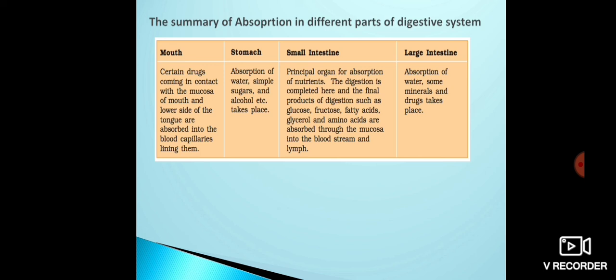That's why it absorbs glucose, fructose, fatty acid, glycerol, amino acid, and whatever absorbed food substances there are. They are sent inside the mucosa, and from the mucosa they enter the blood stream and the lymph vessels.